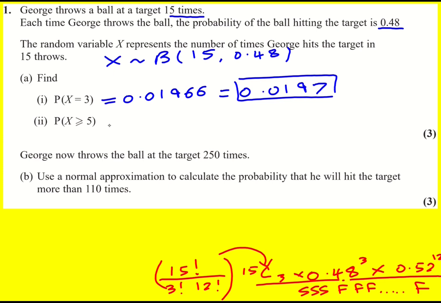For x greater or equal to 5, we're adding up quite a lot here, but best to do 1 minus the probability that x is less than or equal to 4. Note that for less than or equal to 4, we want to include 5 in it, so we just take away 0, 1, 2, 3, and 4.